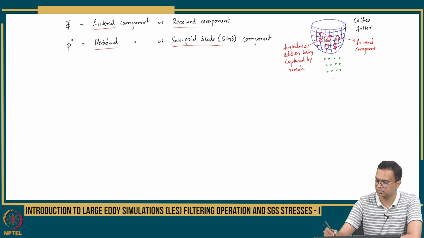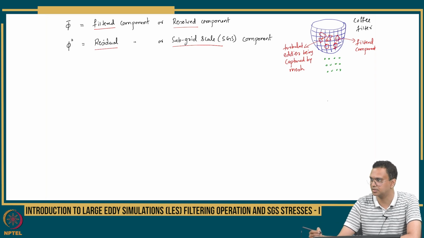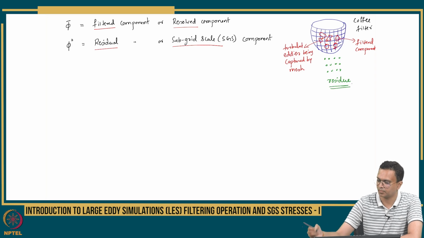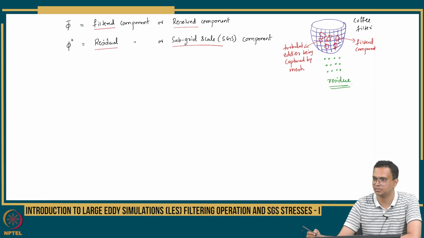And the so-called green droplets that are coming out of the mesh, that is a residue. This residue is what is not being captured in LES. So this is your residue, what is coming out of it.